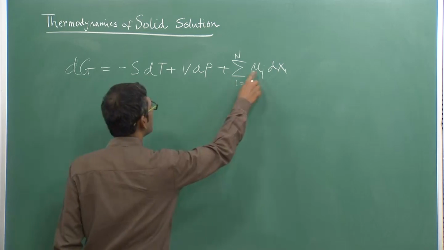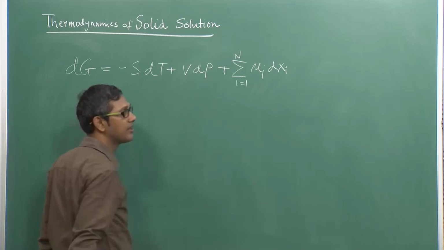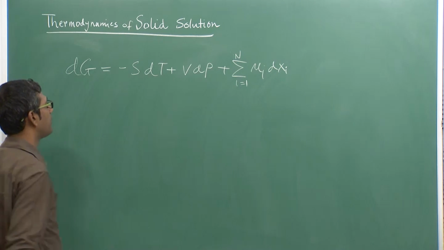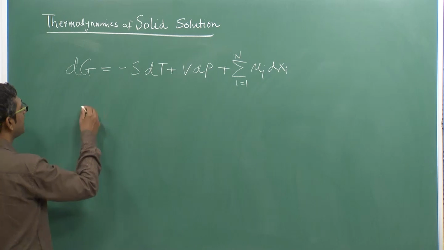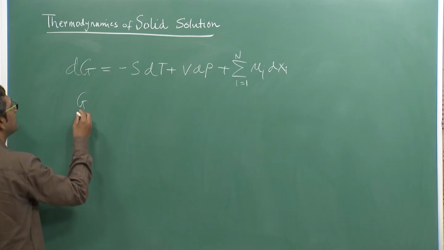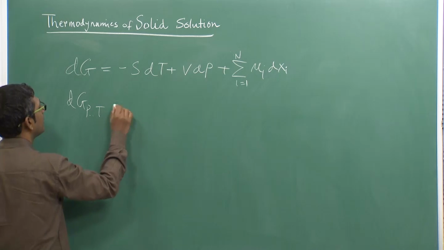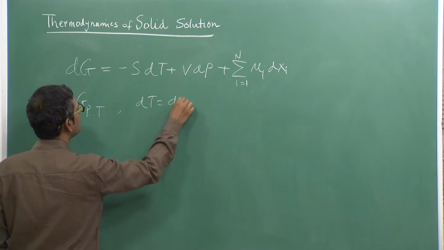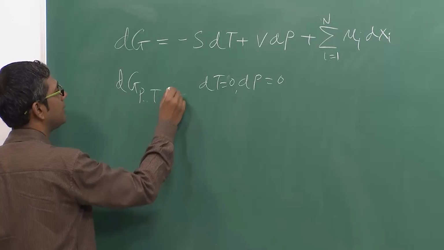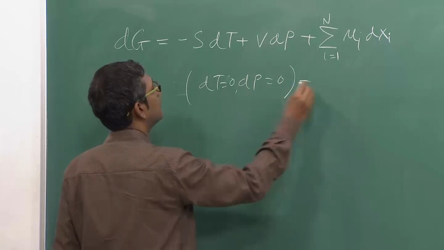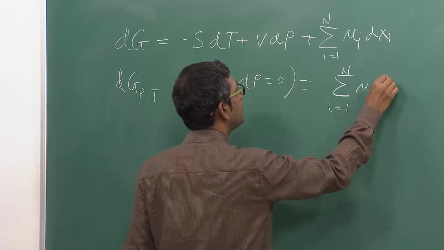That is actually the summation of the chemical potential multiplied by the mole fractions of individual elements, summed from element 1 to element n. If I integrate these equations, at constant temperature and pressure, dT equal to 0, dP equal to 0, therefore dG is equal to the summation from i equal to 1 to n of mu i dxi.